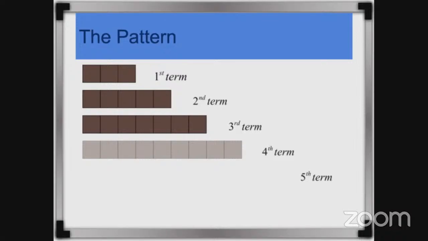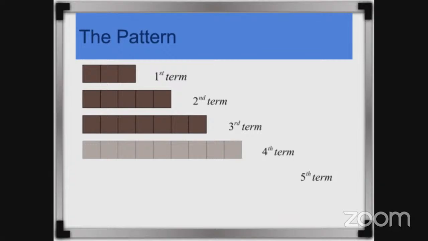Okay, so if you're looking from term 1 to term 3, I would have added 4, right? Have I added 3 or 5 anywhere there? No, miss. All right.